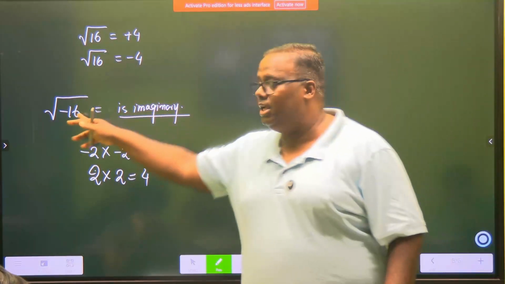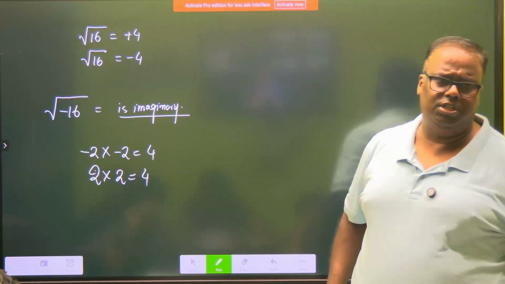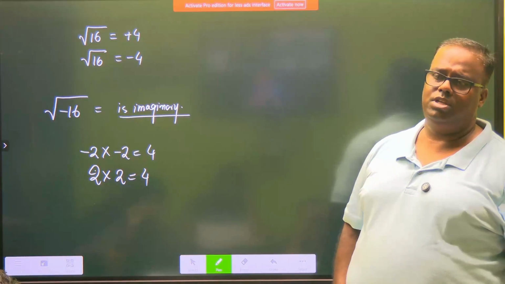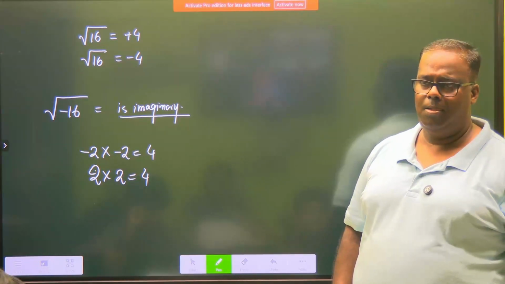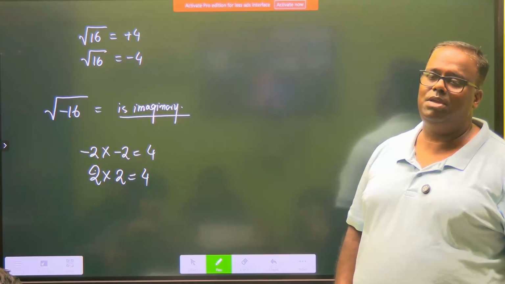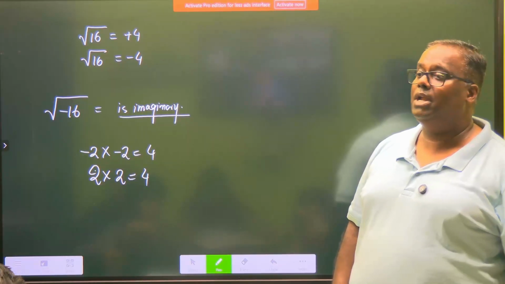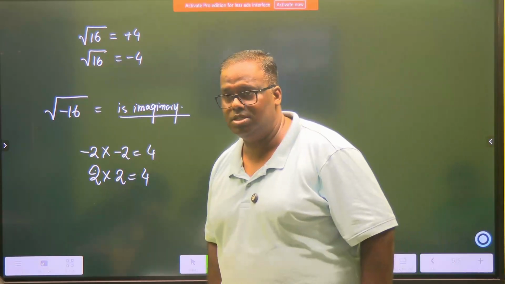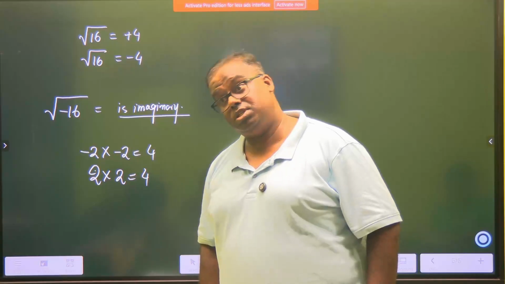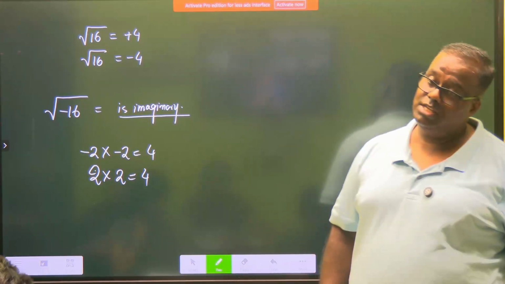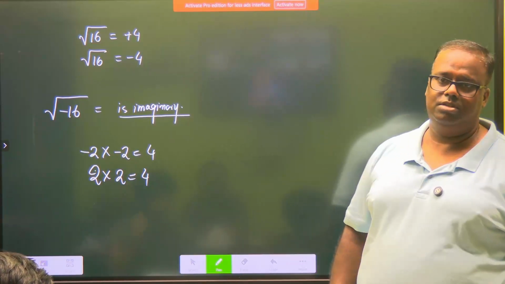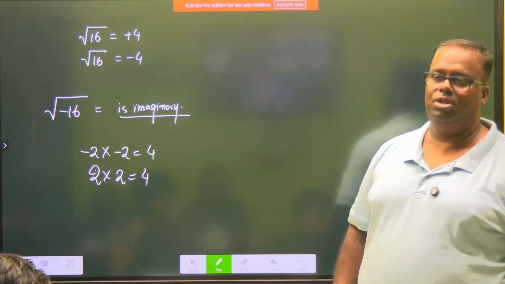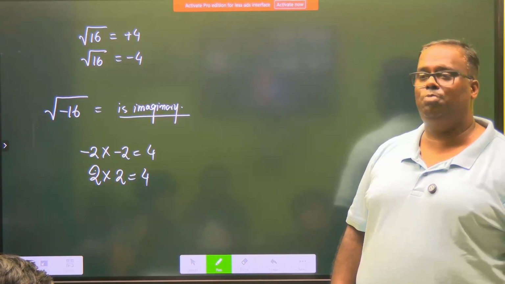Can you create a negative 16? Just think for 2 minutes. Can you create negative 16? You cannot. You can create negative 16 by multiplying 8 into negative 2, but I'm saying multiply two numbers in which the two numbers are the same, by their signs also, and create negative 16. Not possible. However, in cube it is possible.